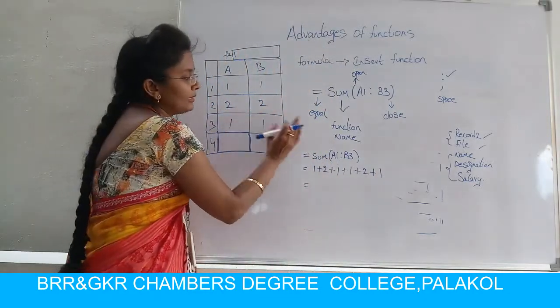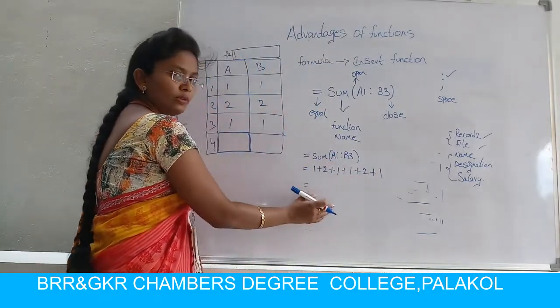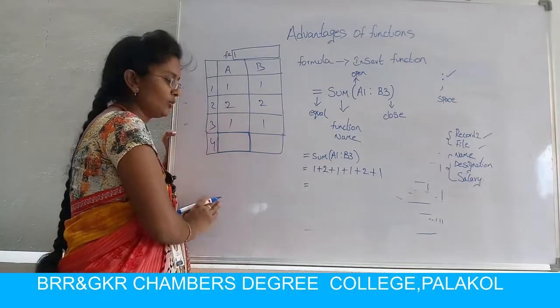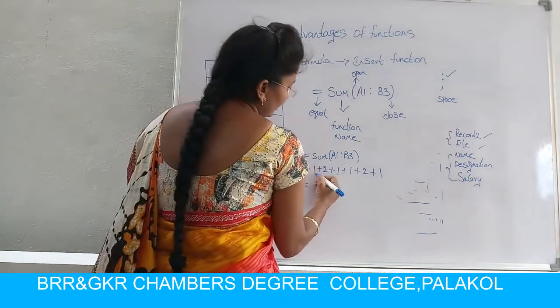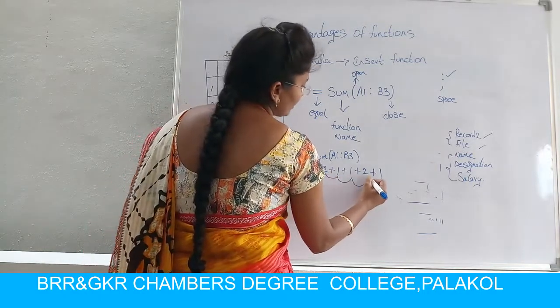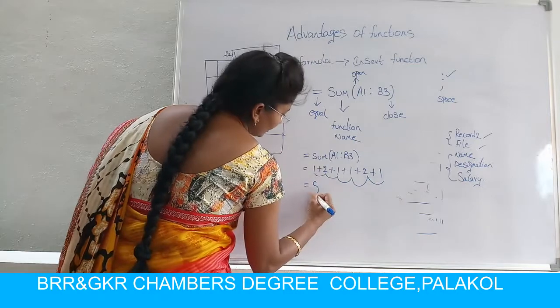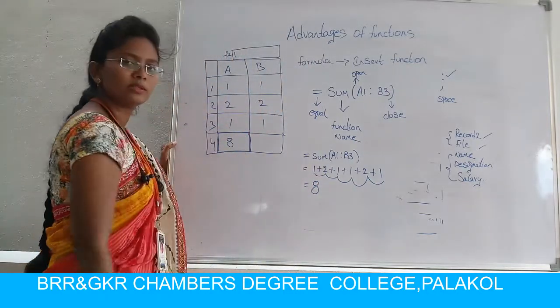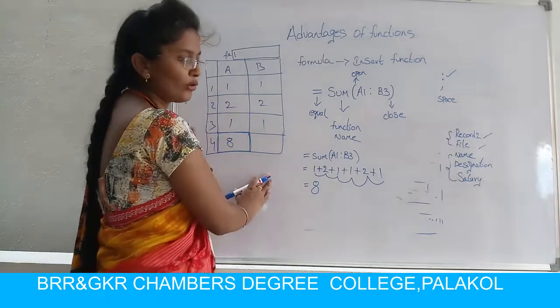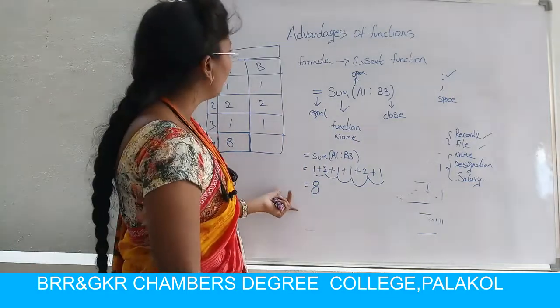It will take the data, calculate, and display the answer in the A4 cell. 3, 4, 5, 6, 7, 8. That means it will display the answer 8 in the A4 cell.